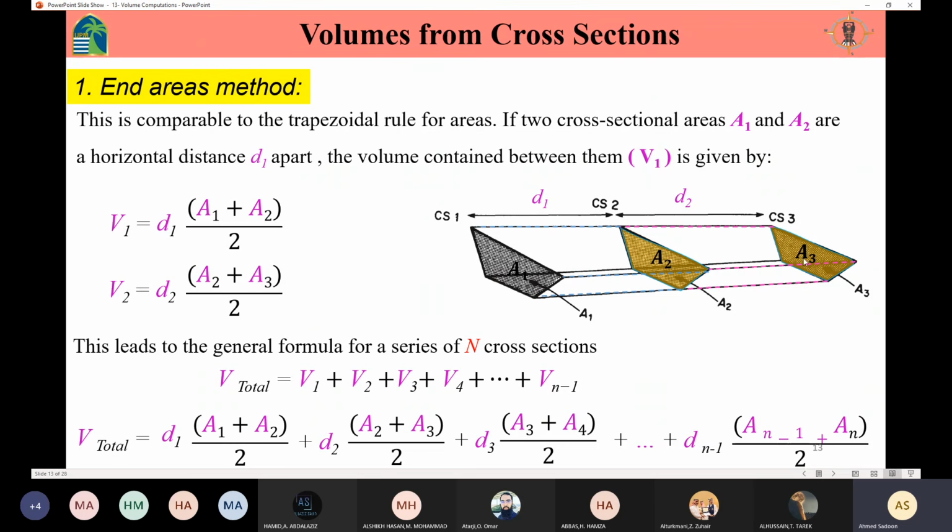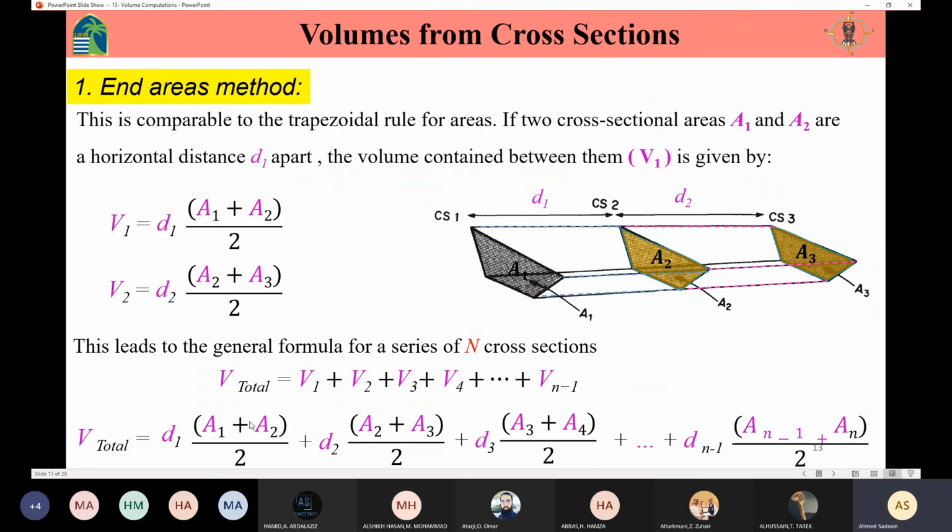If this one was A10, then this one is going to be D9. And n minus 1 represents the area next to the last area. If the value of n was 10, then this one is going to be A9, and here, of course, it's going to be A10.